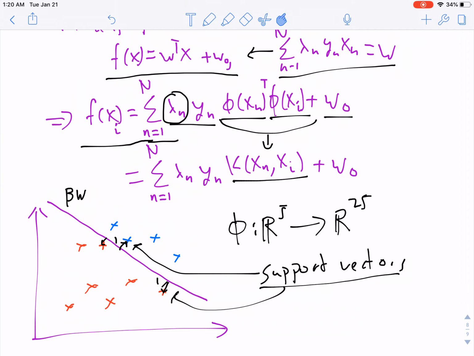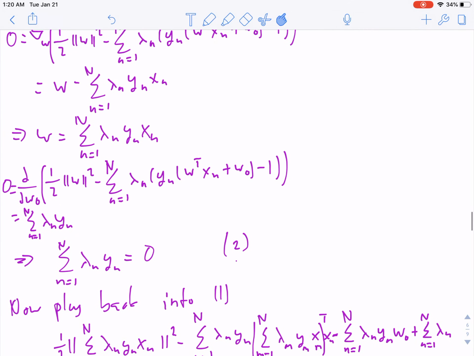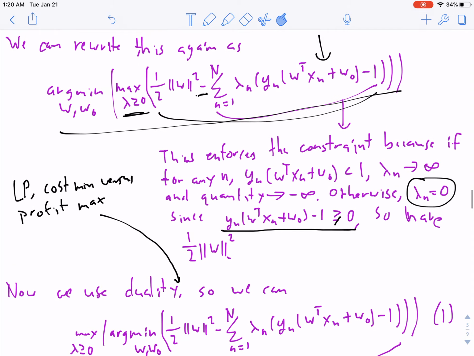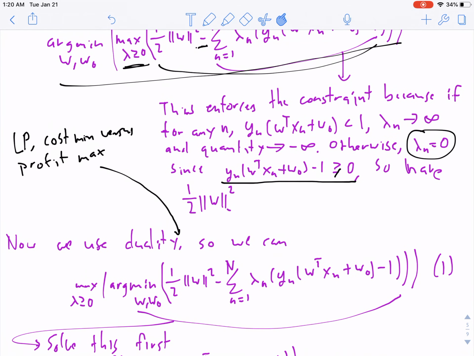So the last thing that I wanted to talk about is that this advantage of kernelized functions actually comes from the fact that we use the dual problem. So remember up here, we originally had argmin of a max over lambda, and we turned this into max of an argmin by using the dual problem.